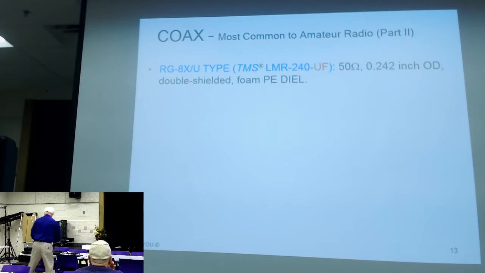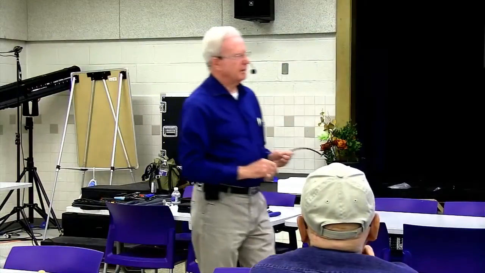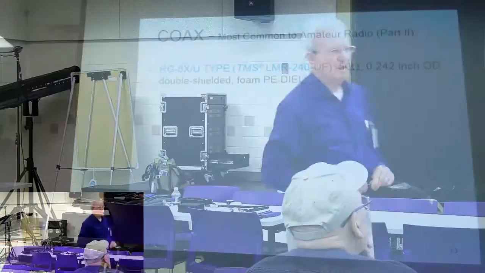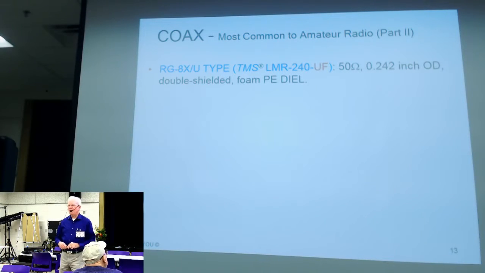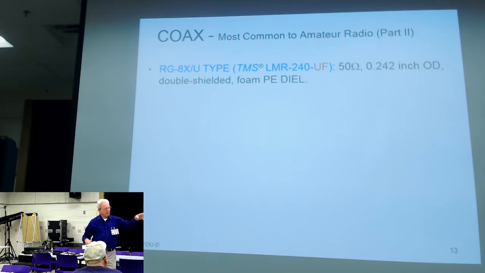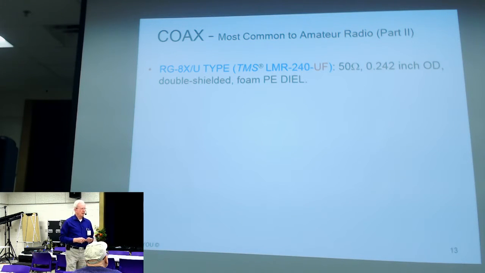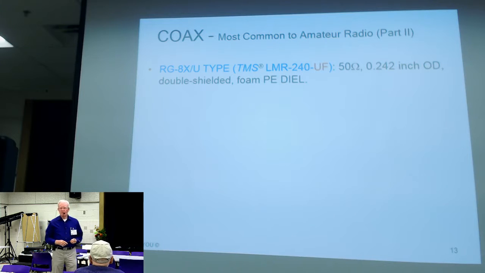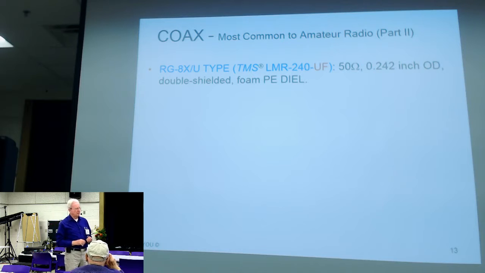Okay, we have a company called Times Microwave. Now, let's back up a little. How many in here are using RG8X? Aha. Kevin, the good stuff or the Times Microwave stuff or the knockoff? Good for you. Guys, I've had a lot of you hams come over to my house with stuff that I'm not putting any of my connectors on.